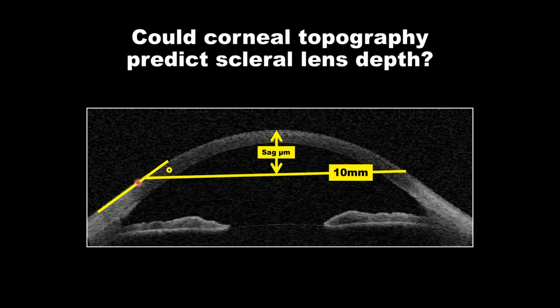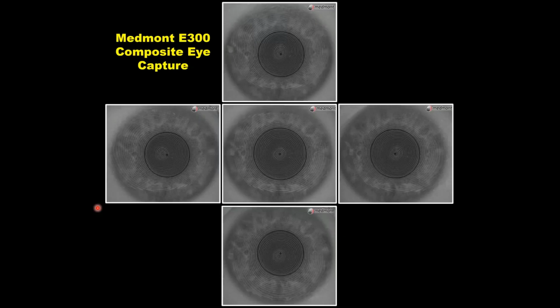If we can get a few data points past that 10 millimeter chord, and the Medmont typically gives us a 10 to 11 millimeter single topography and full visible iris diameter in a composite map, well, then we should have lots of these peripheral points to estimate the depth, the sag of our scleral lenses. So the Medmont composite eye capture becomes a very critical tool to use in combination with your scleral lenses.